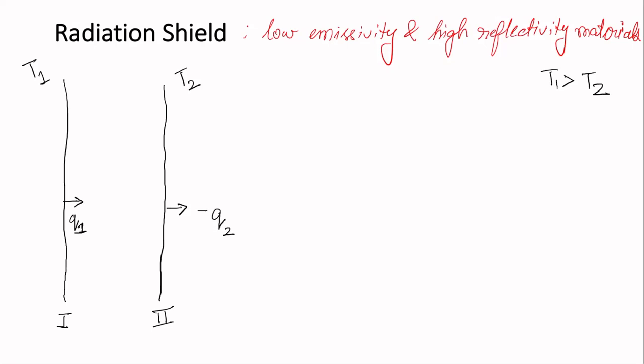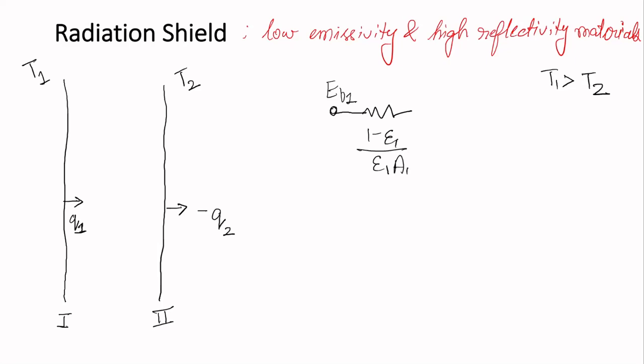Now I can make an equivalent circuit diagram for this as we discussed yesterday. This basically starts with Eb1 as the potential over there, and then we'll have the first resistance, which will be (1 minus epsilon 1) over (epsilon 1 times A1), where epsilon 1 is the emissivity and A1 the area of the first plate.